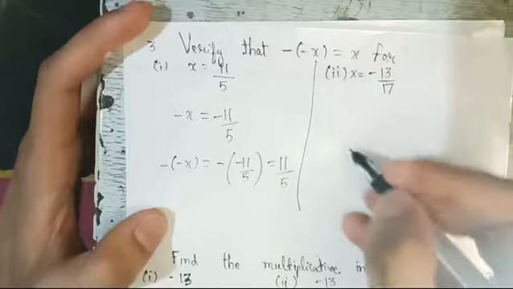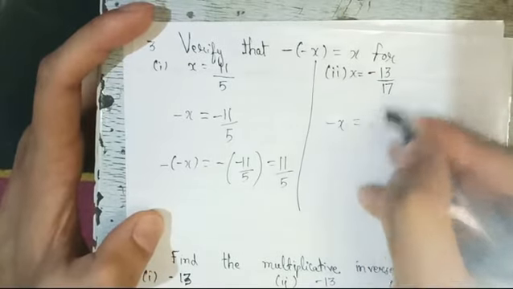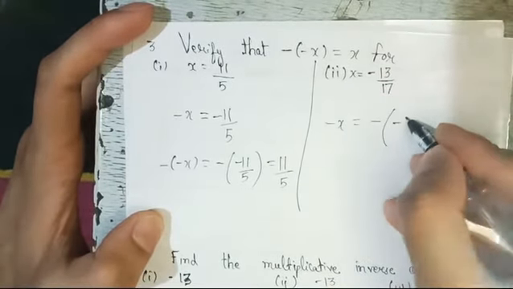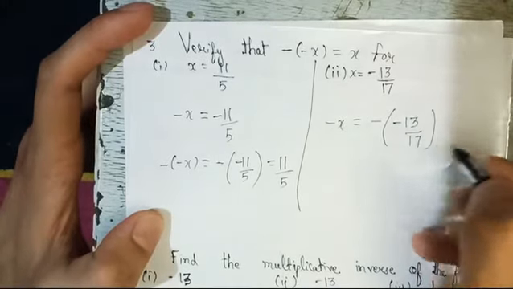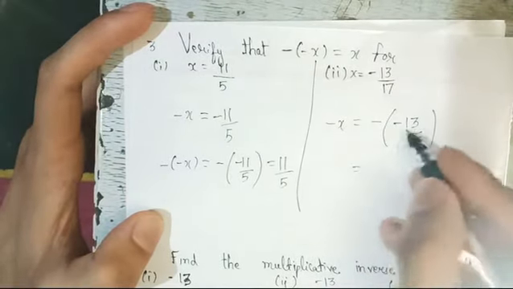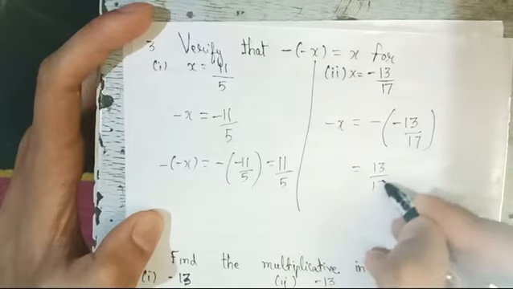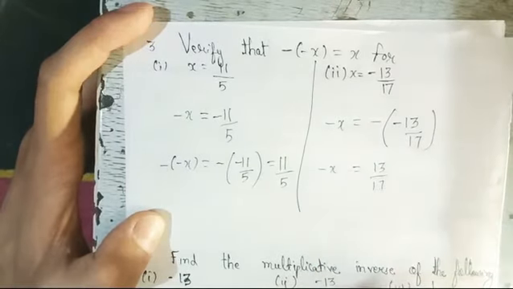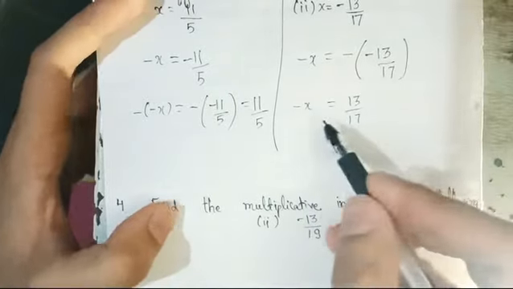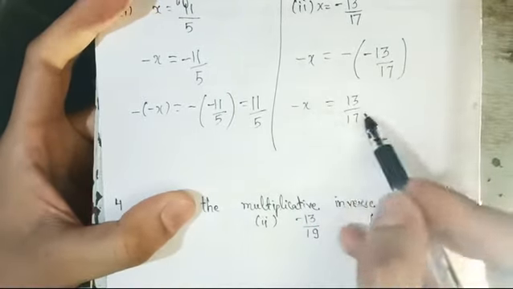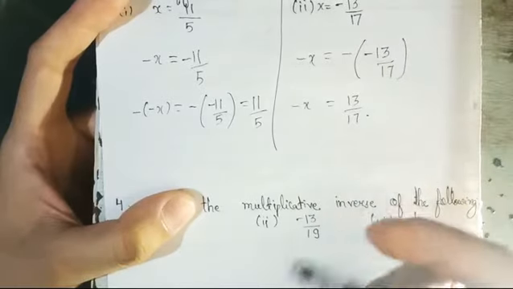Okay, similarly here also again taking negative sign, it will become minus of minus 13 upon 17. Now it will become what? Minus minus plus, so 13 upon 17, and here minus x. Now if I take a negative sign on both the sides, that means again multiplying both the sides with minus 1, we can say.